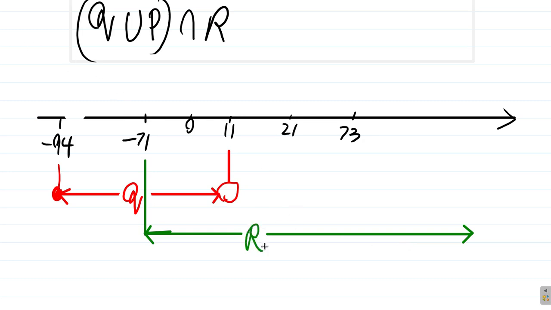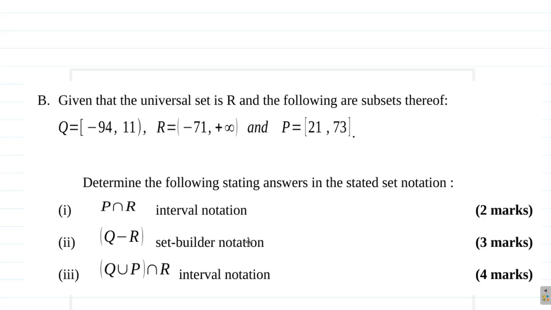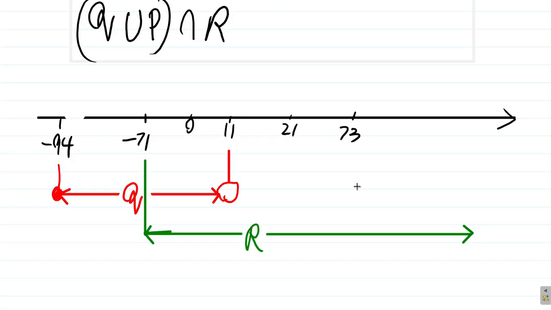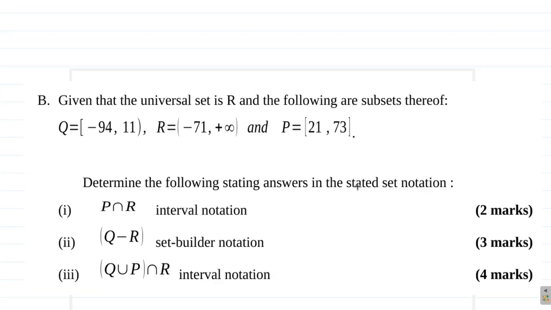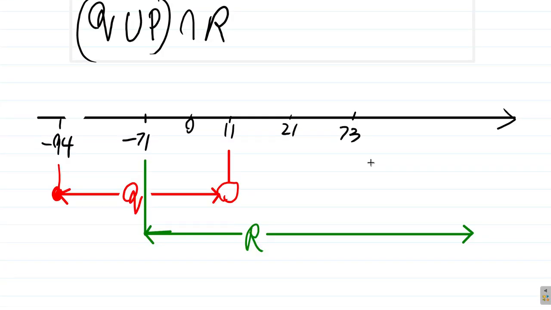So, that is our R. And then we have P. P is from 21 to 73.